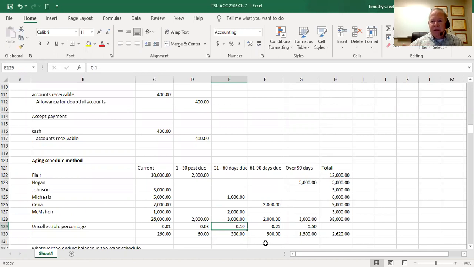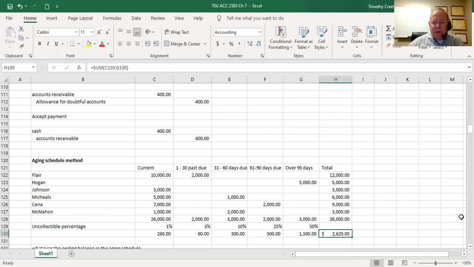So our percentage of uncollectability will increase the longer something is past due. 61 to 90 days, 25%. Over 90 days, 50%. And so let me go ahead and make these percentages too. They'll just be a little bit easier here to see. So again, the longer something's past due, the greater the chance we're not going to get paid. So we add these across and notice that the total is $2,620.